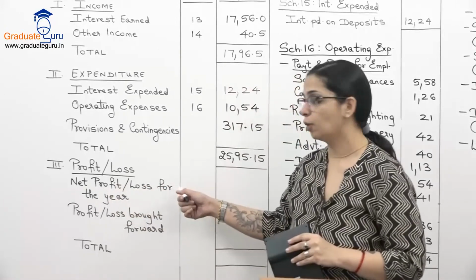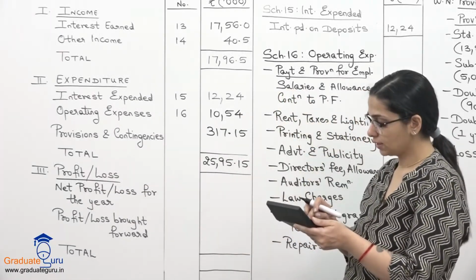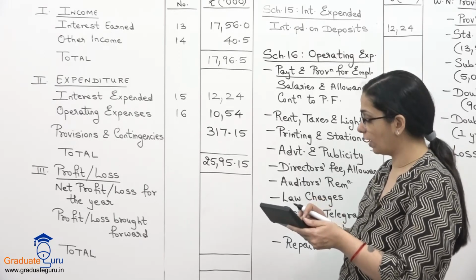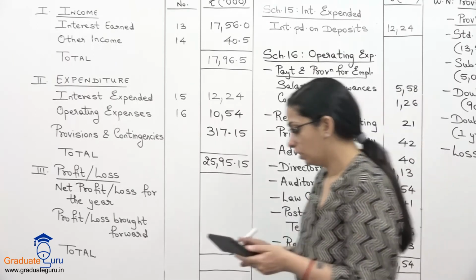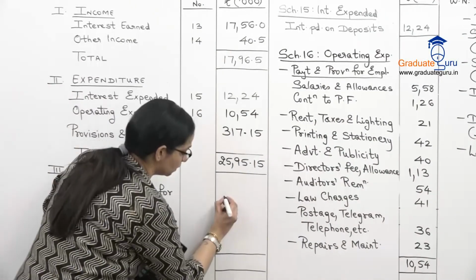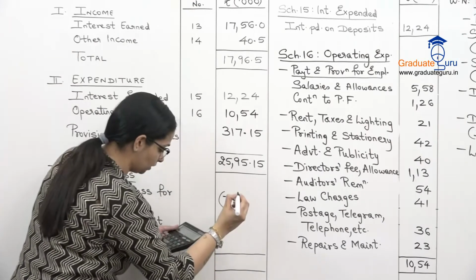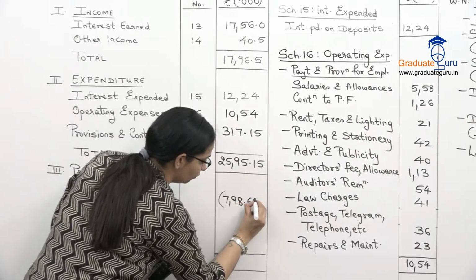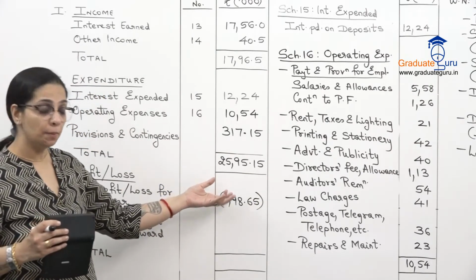That is this, net profit or loss for the year. So let's calculate our profit. 1796.5 minus 2595.15. We get a loss. This time it's a loss. So we get 798.65 as our loss. So that's why I'm keeping it in brackets.